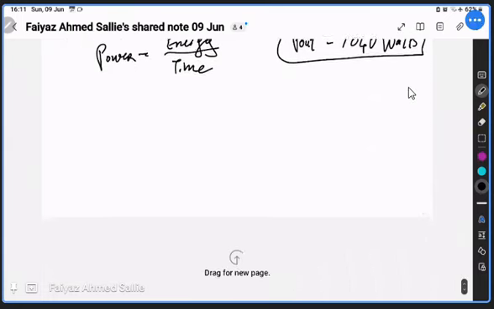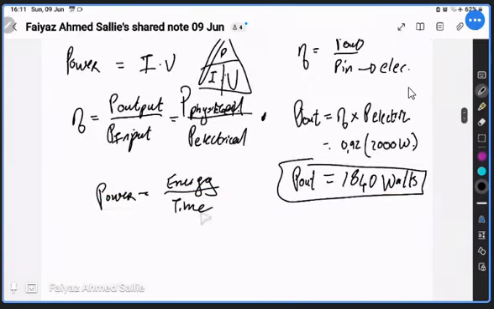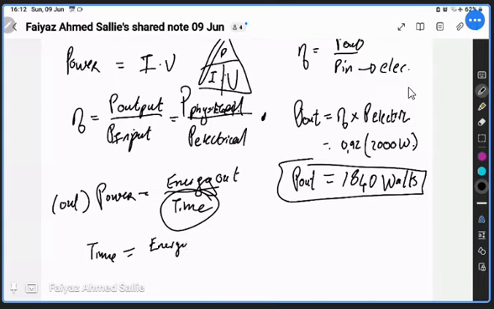To calculate the time, we have the energy out and the power out, so time is equal to energy over power.